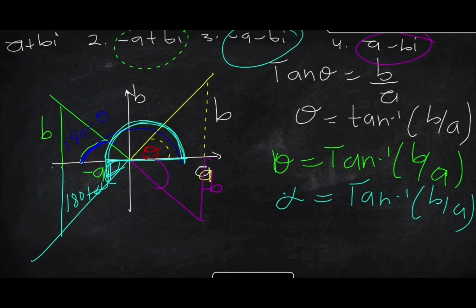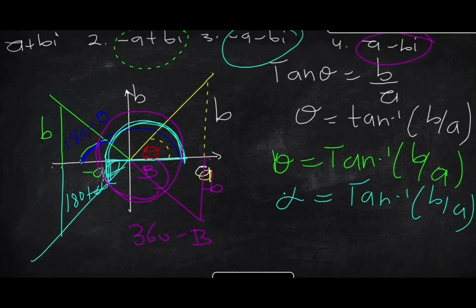To find this angle, we subtract it from the whole of this. We know that the angle at a point is 360, so we subtract it from 360. Let's call this beta. The angle in the fourth quadrant is 360 minus beta.